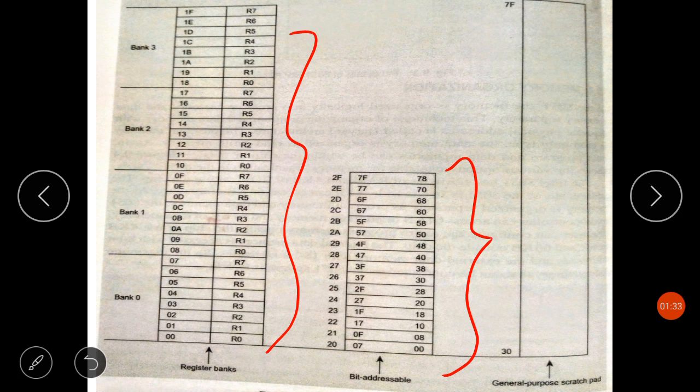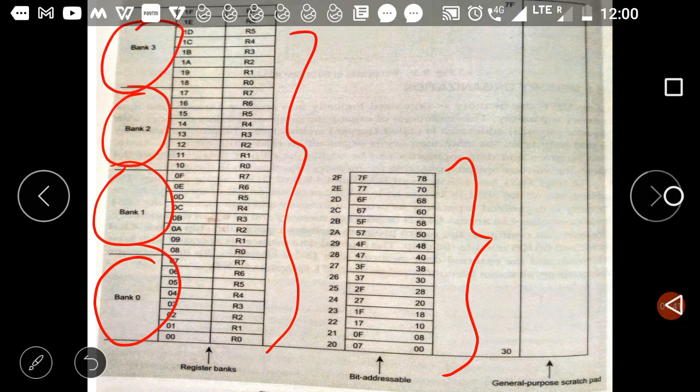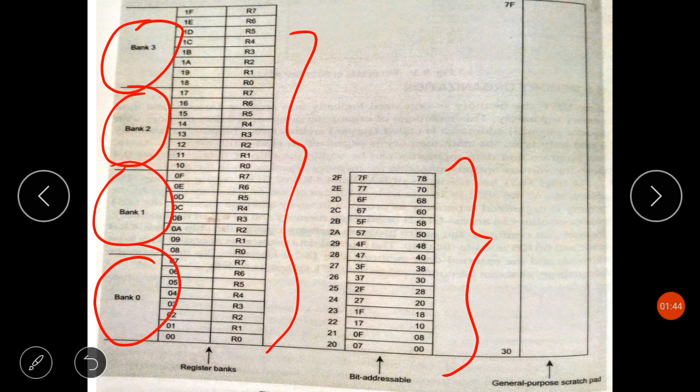So this is the register bank area. It is further divided into four banks: bank 0, bank 1, bank 2 and bank 3. Each bank has 8 registers designated as R0, R1, R2, R3, R4, R5, R6 and R7.